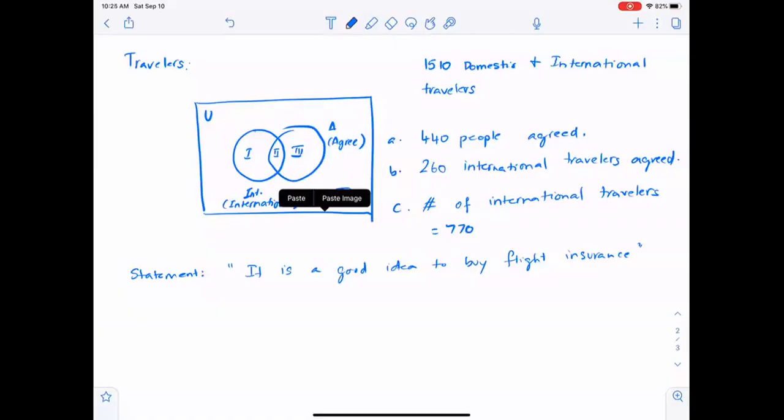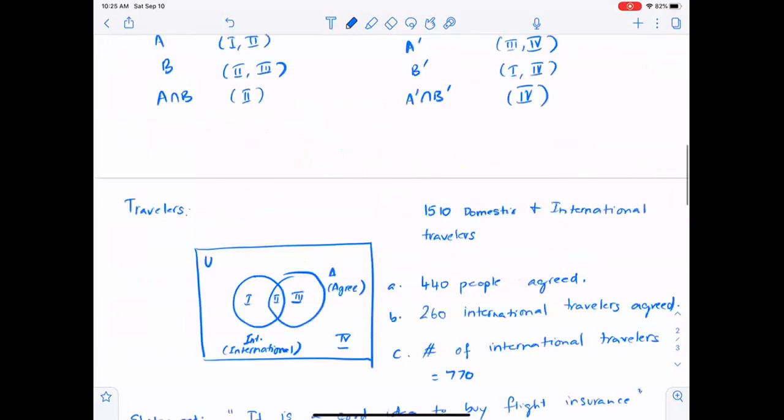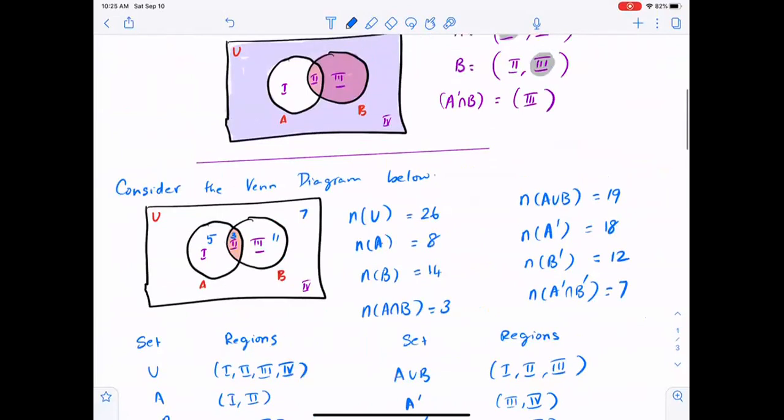So before we start answering the two problems, we are going to summarize the sets, the corresponding regions, and the cardinality for each of them, just like the previous problem. In the previous problem, I gave you the counts.